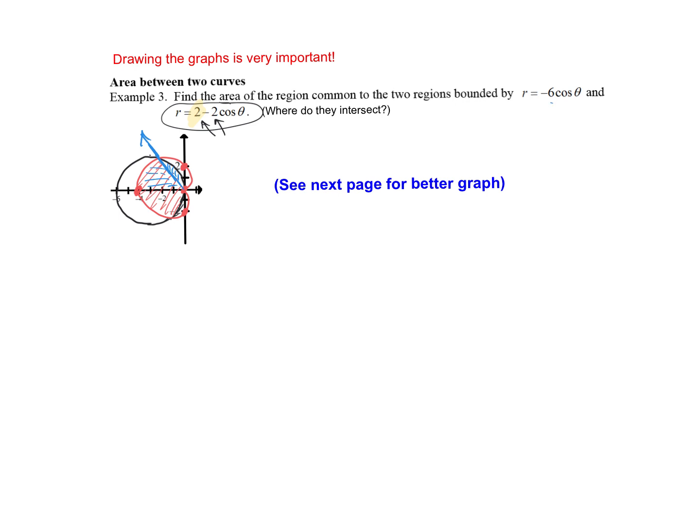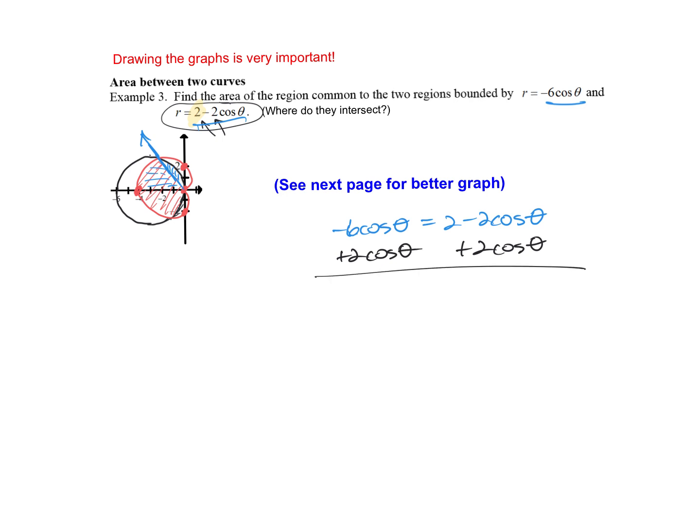So I've got my -6 cosine of theta has to equal the 2 minus 2 cosine of theta. If we add 2 cosine of theta to both sides, we end up with -4 cosine of theta is equal to 2. Divide by -4. We get cosine of theta is equal to -1/2.